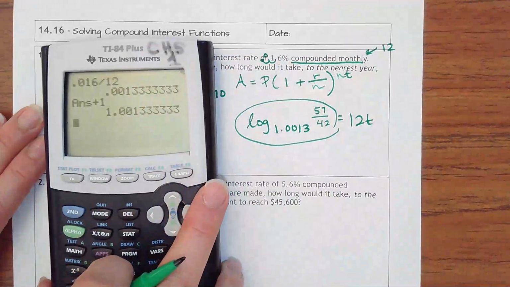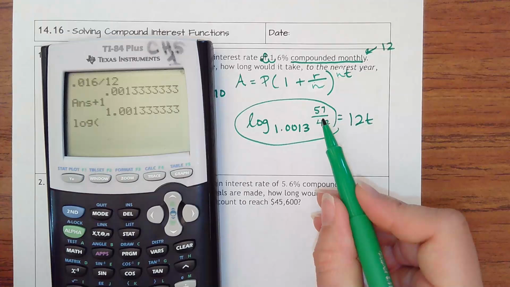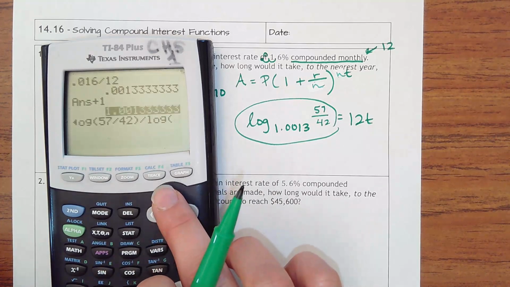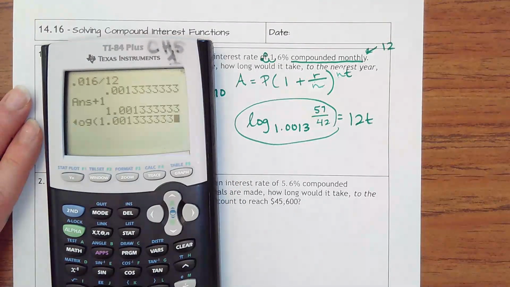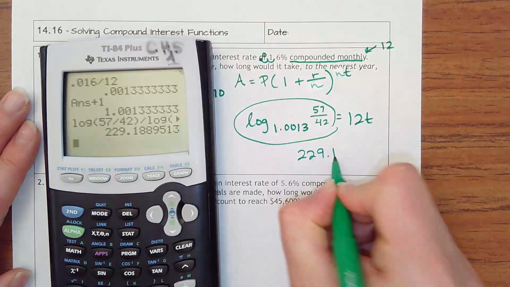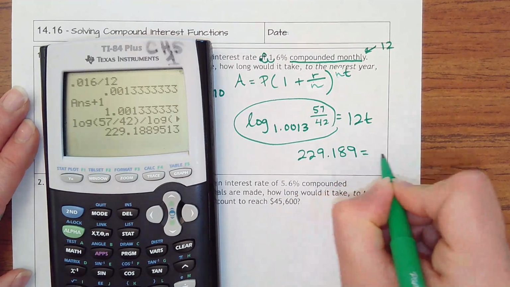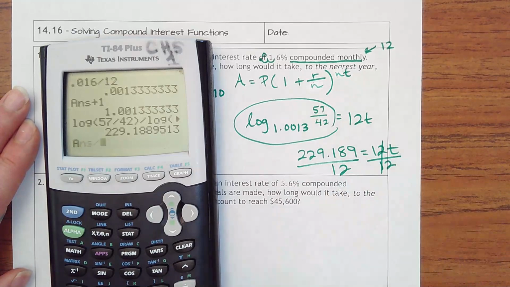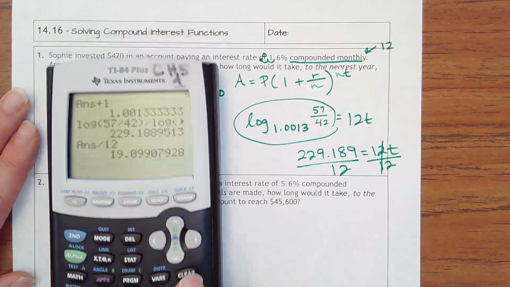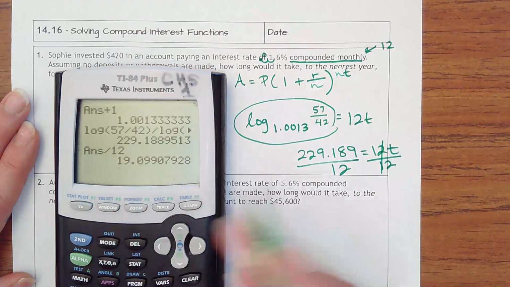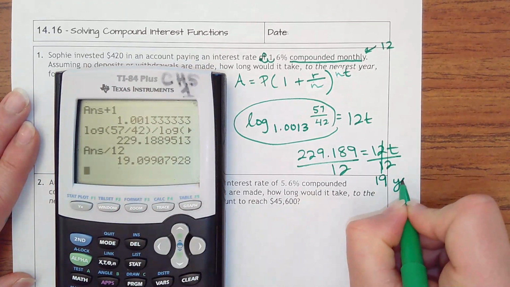So I'm going to do log of 57 over 42 divided by log of this number. Gets me that. And then I know that I just have to divide that by 12. And it said to the nearest year, so that would be 19.1, which is still going to be just 19 years.